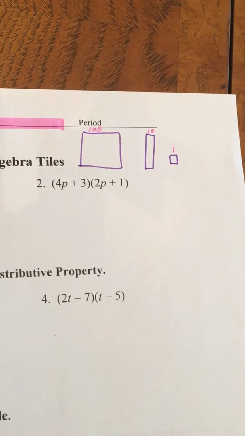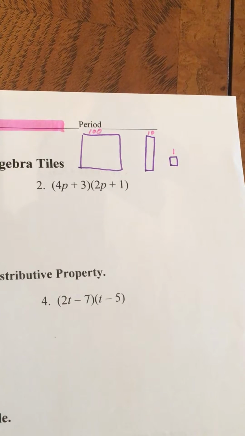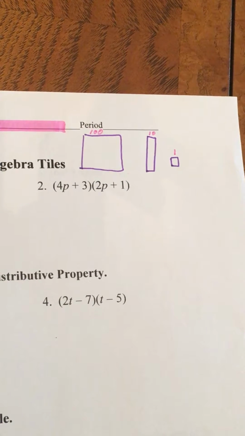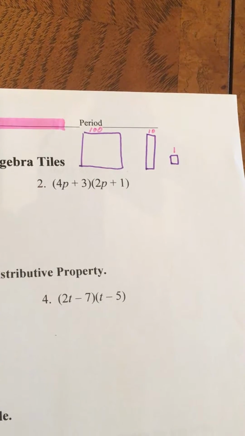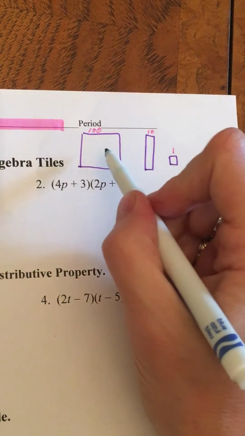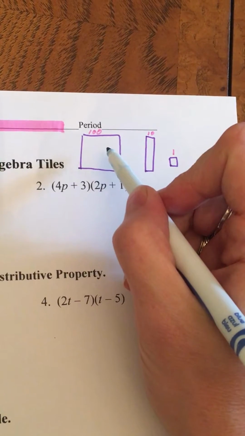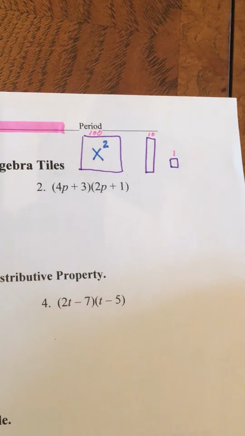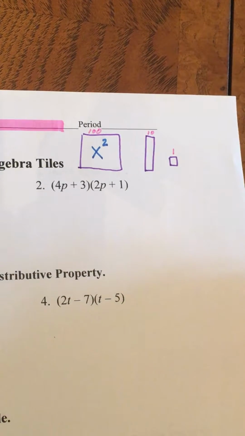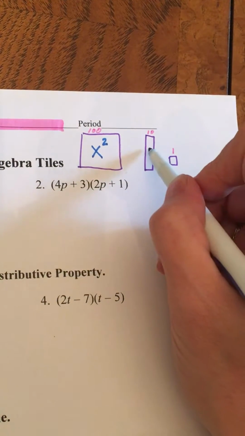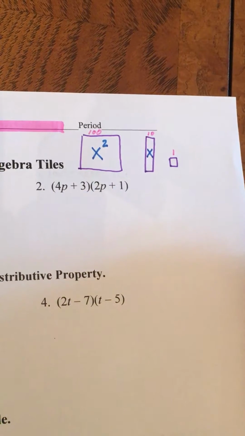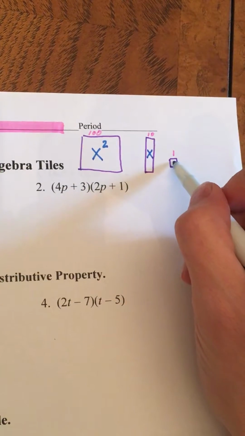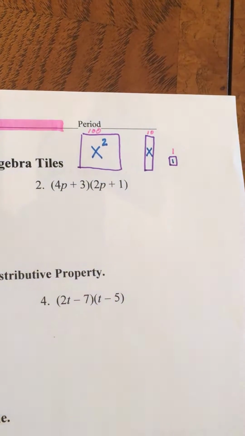What we are going to see now that you are in high school is that the meanings of your boxes have shifted a little bit, in that our big box, instead of 100, is now x squared. Our stick is worth an x, but our baby box still has the same value of 1 unit.